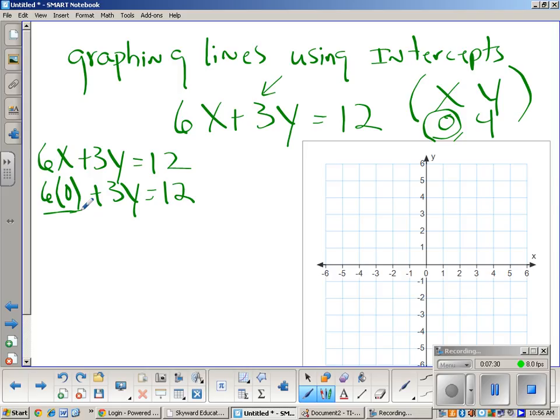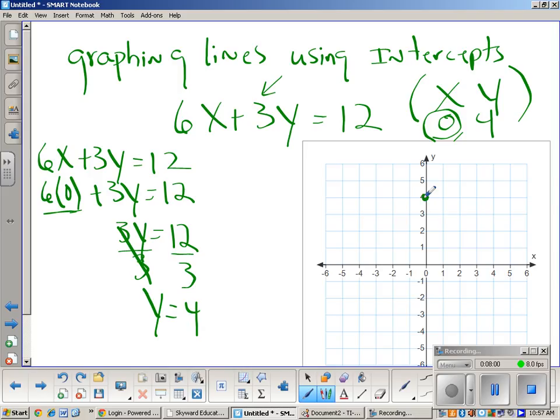You don't have to, because anything times 0 is always 0. So I'm really left with 3y equals 12, which I'm going to divide both sides by 3. So where it crosses the y line is 4. Now that number can be positive or it can be negative. Okay, so I'm going to put a dot where it crossed the y line at 4.